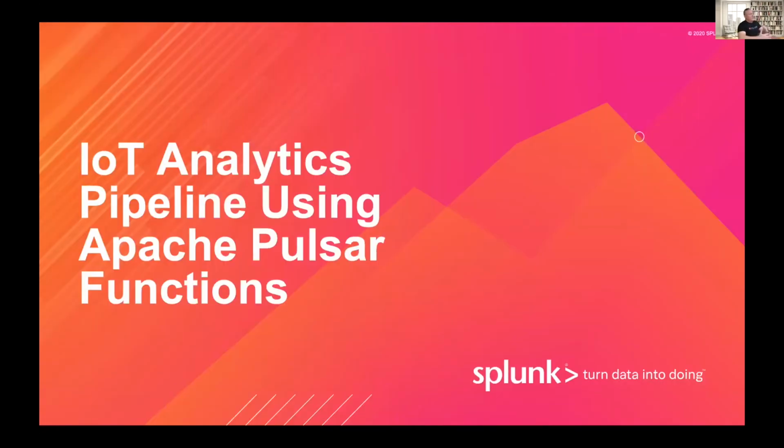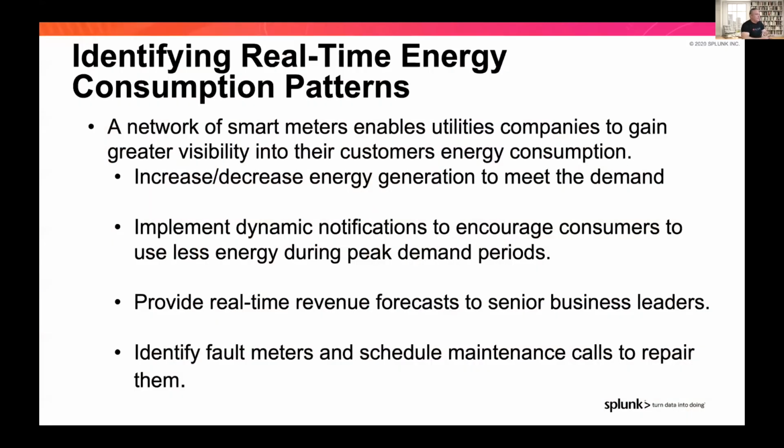So let's walk through what a high-level IoT analytics pipeline would be if you were to use Pulsar functions for that. And this is just a hypothetical use case, but I want to demonstrate all the different ways in which you would use Pulsar functions, right? So let's say your use case is to identify real-time energy consumption patterns.